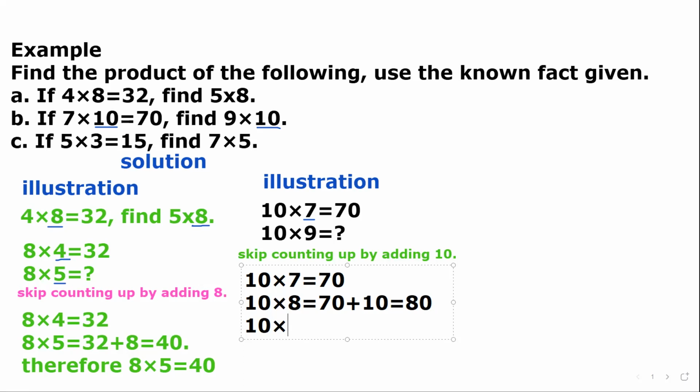The next number after 8 here is the 9, which is equal to the 80 plus the multiplier, and that gave us 90.